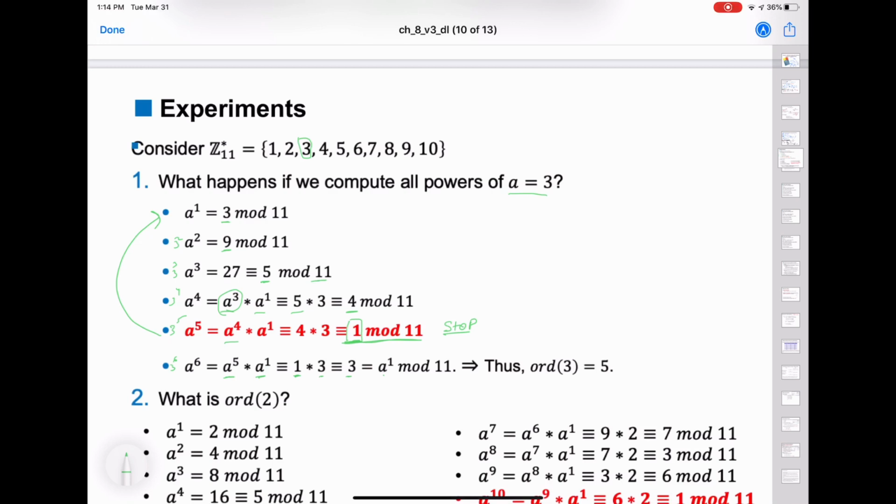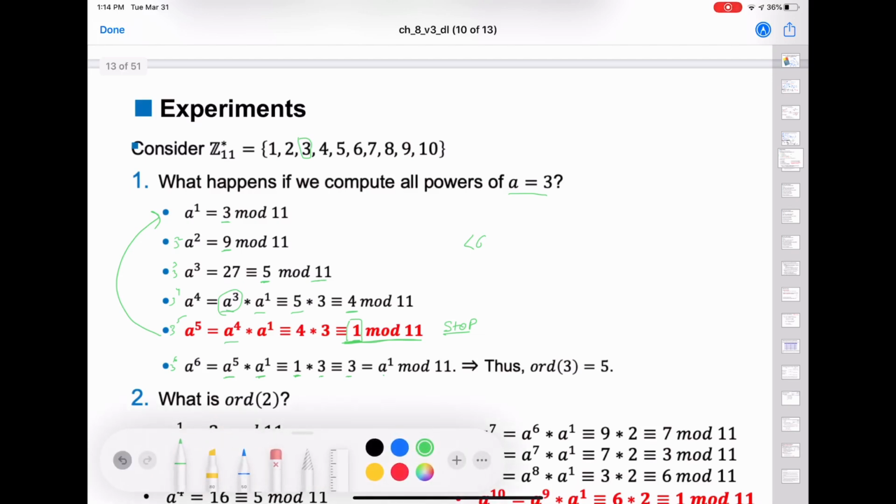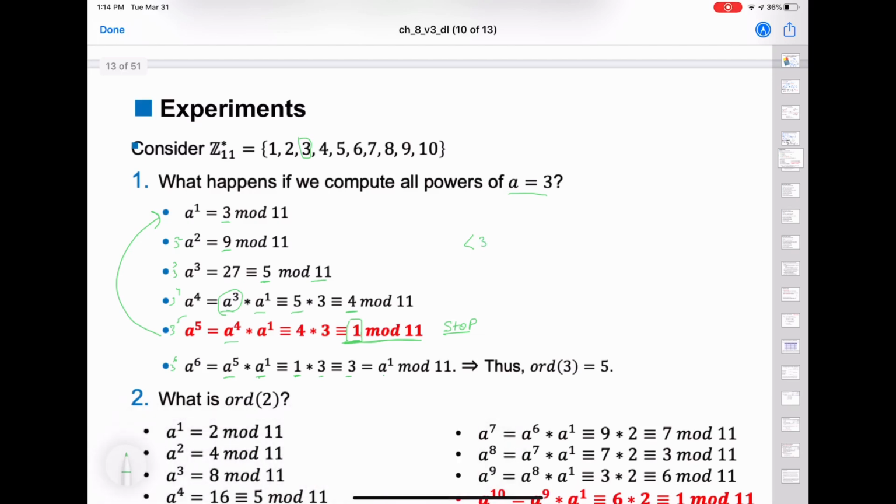So what does 3 generate? 3 generates itself, 3, it generates 9, it generates 5, it generates 4, and it also generates 1. I can write them in order: 1, 3, 4, 5, and 9.